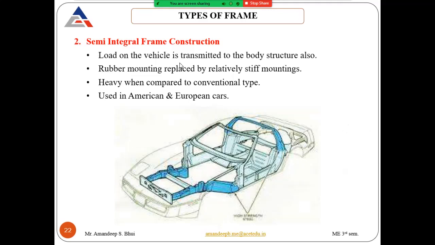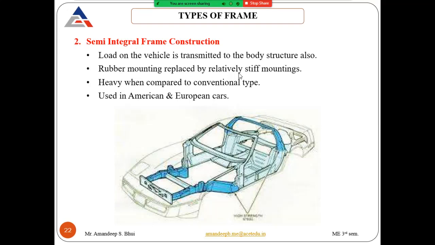So load on the vehicle is transmitted to the body structure also. In the conventional frame, all the load is transmitted onto the frame part. But in semi-integral frame construction, some of the load is carried by the body structure also.